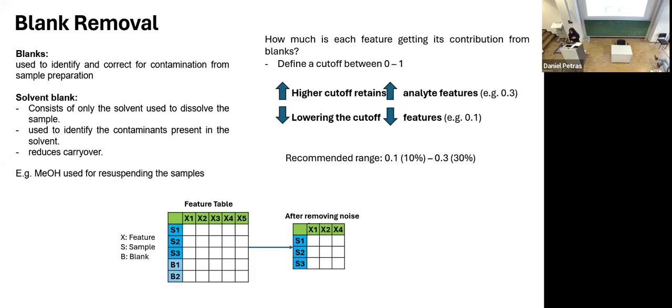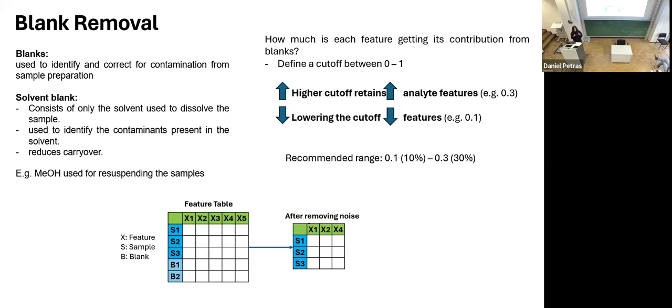So how do we do this blank removal in FBMN stats? We define a cutoff between 0 and 1, and we do a ratio-based removal of these blanks.